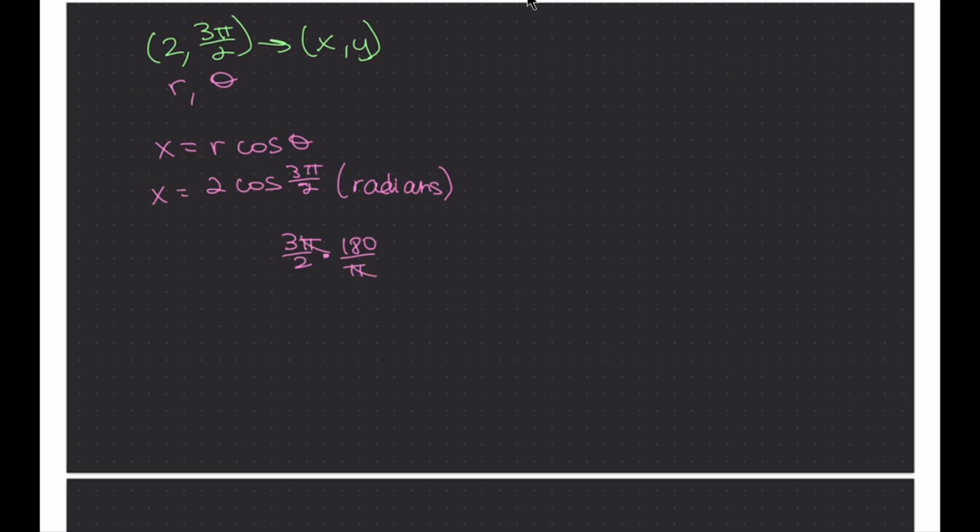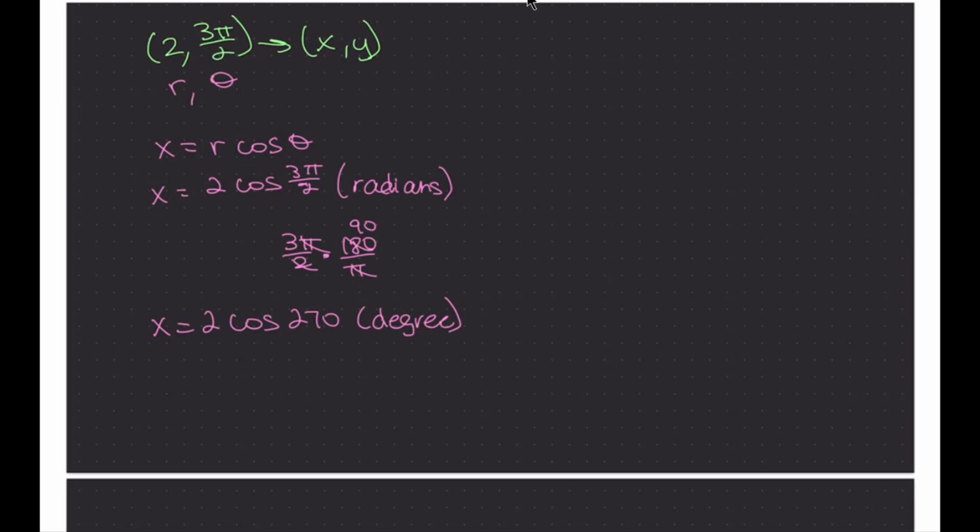The pi's cancel out. This is going to give you 90 times 3, so how many degrees? 270 degrees, right? So now you're in degree mode, so you can plug that into your calculator, or you just know what the cosine of 270 is.